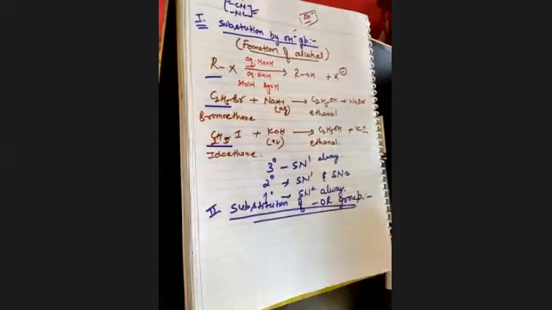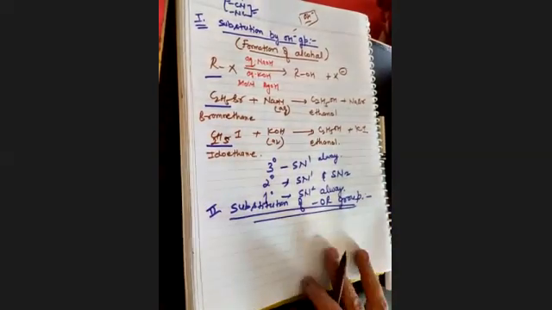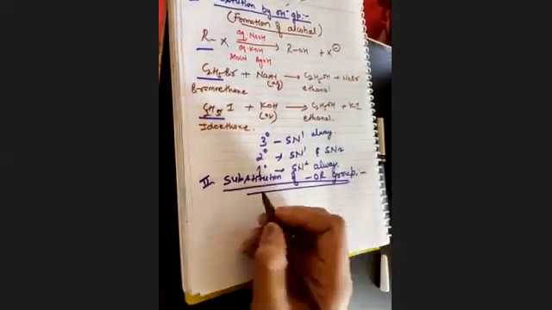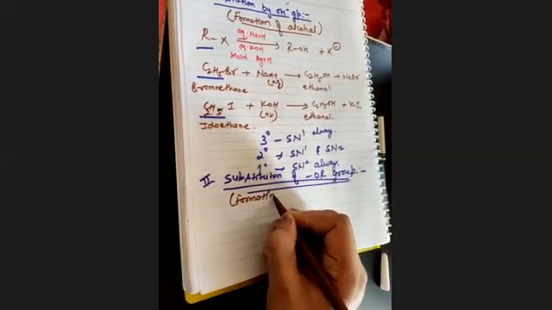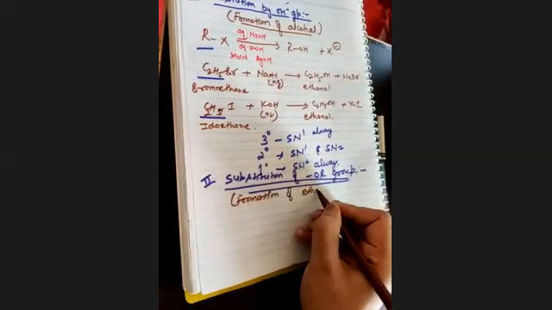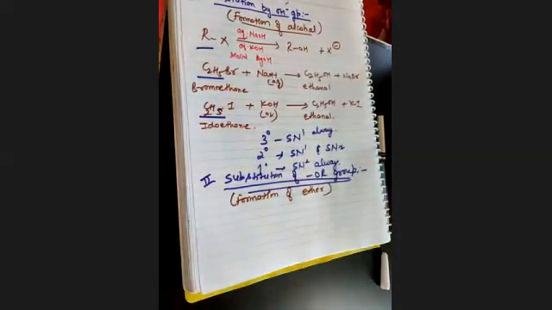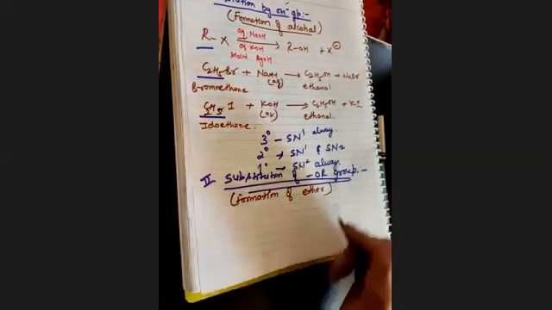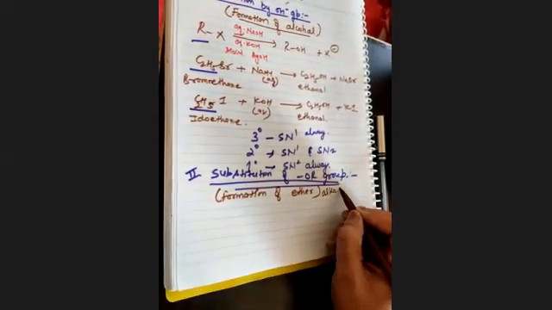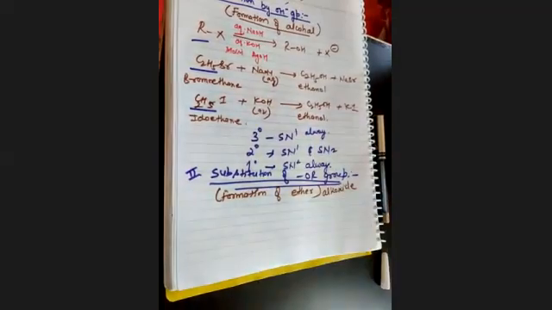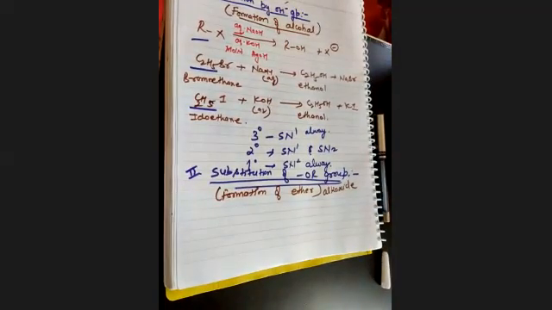These reactions are also known as formation of ether, and OR is E for ether. Or in IUPAC name you can write alkoxide. Formation of ether or alkoxide.